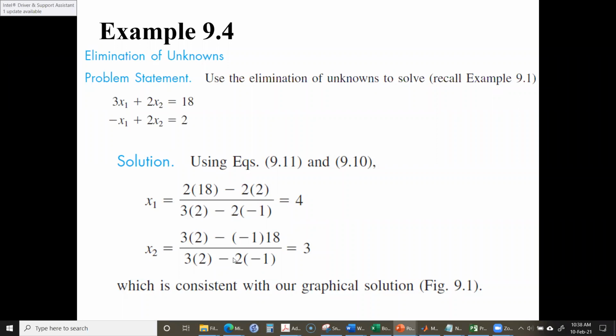And then it can be very easily solved. In the denominator we have 3 into 2 minus 2 into minus 1, okay? It is just like Cramer's rule, okay?